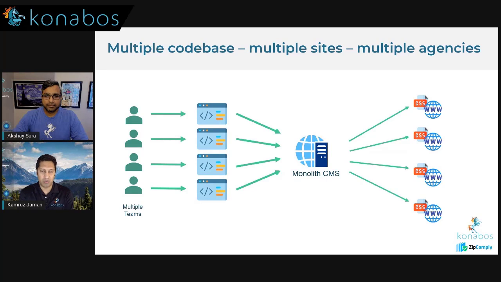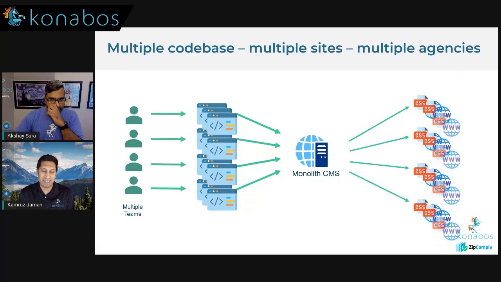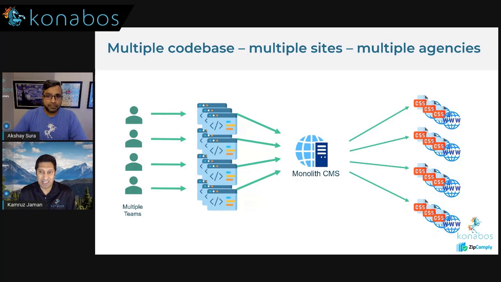You're handing off to these different agencies, different departments are handing off to different agencies, different business units are handing off to different agencies. And then your business grows, and then you have more sites, you acquire more companies, they're on different platforms, you want to bring those onto the same platform, yet more agencies are coming on, and everybody's just developing in these silos, and then you're just deploying.